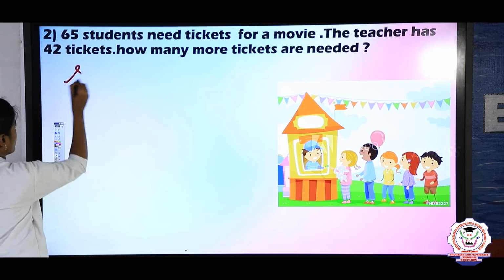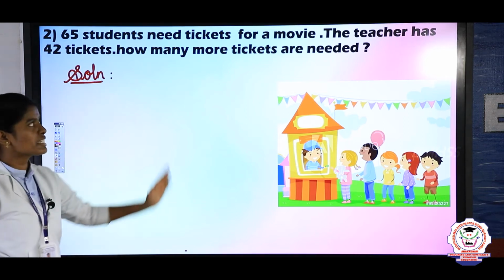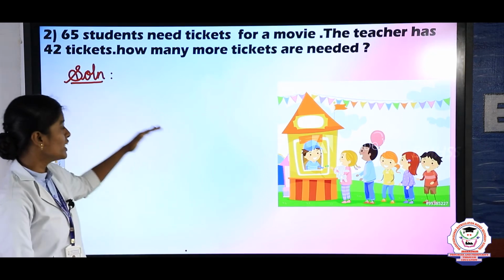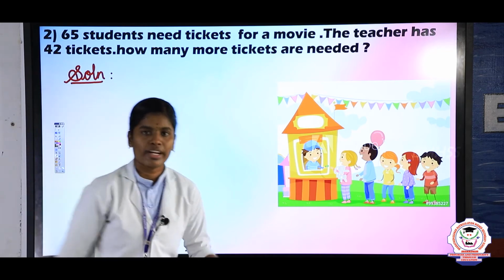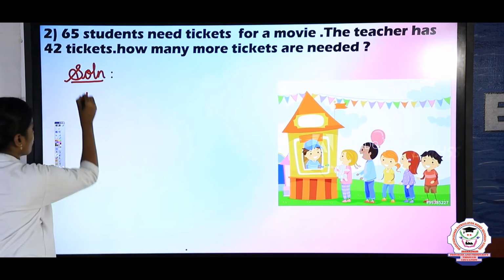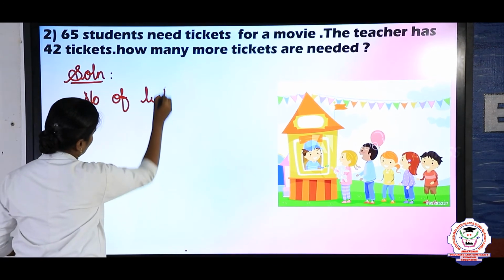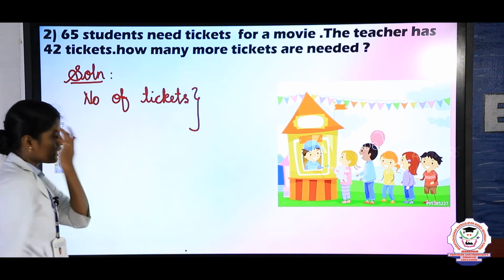First, the solution. The question is 65 students need a ticket for a movie. The next one, the teacher has only 42 tickets. So the number of tickets required.